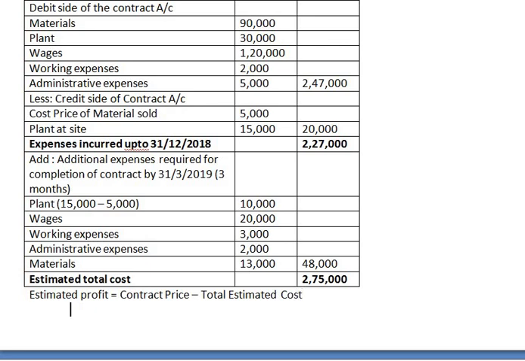Which will be equal to contract price given in the problem, that is 4 lakh rupees, minus total estimated cost 2,75,000. So estimated total profit is 1,25,000. Now the amount transferred to profit and loss account will be based on this estimated profit.